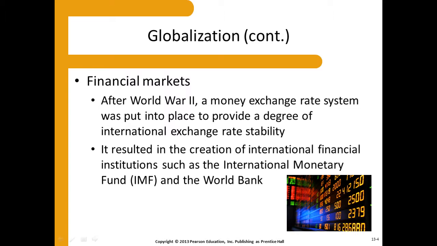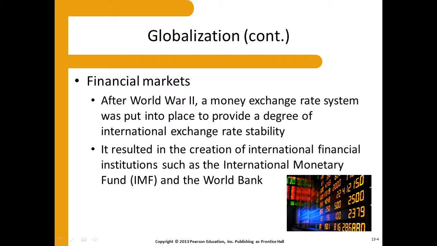And so another component of this global trend of globalization has been with respect to the financial markets. We know that after World War II, a money exchange rate system was put into place to provide a degree of international exchange rate stability. This resulted in the creation of the IMF, or International Monetary Fund, and the World Bank.